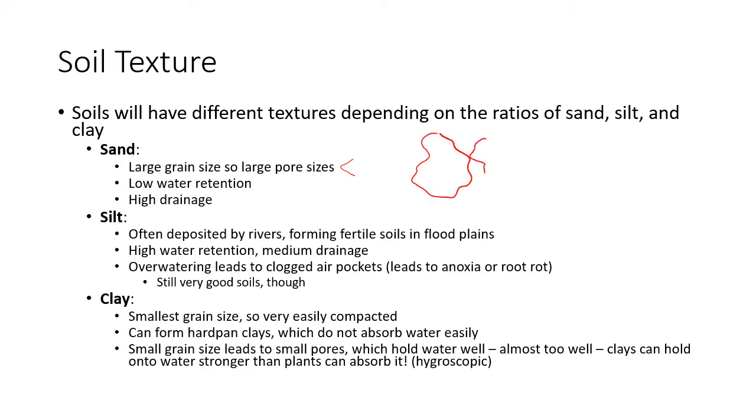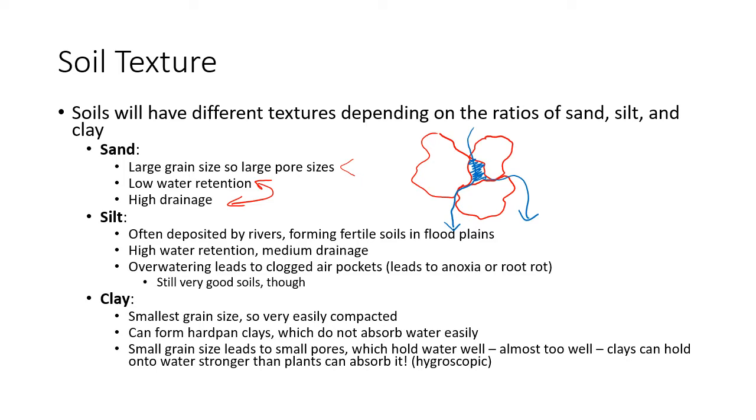We're talking about rock, it's very coarse, and we have three grains of sand right here, and there is this big air gap right there. It also is going to allow water to drain really easily because it's going to go through all of the nooks and crannies between those sand particles. So there's going to be low water retention, and because there's low water retention, there's going to be high drainage. Those two are inversely related to one another.